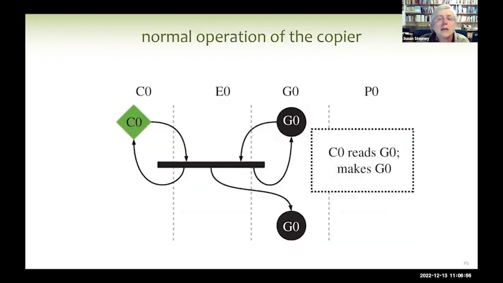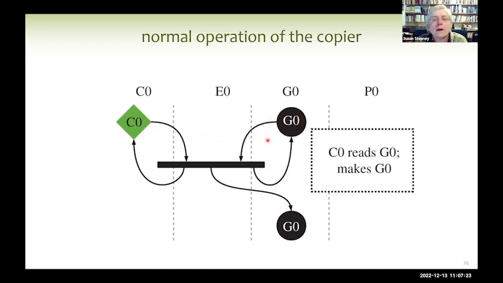But first, here's the normal operation of the copier, which I'm putting here just to show you how the diagrams work. It's a bit like a Petri net. This bar here represents the place where the binding and execution occurs. We have a copier, C0, and a genome, G0.